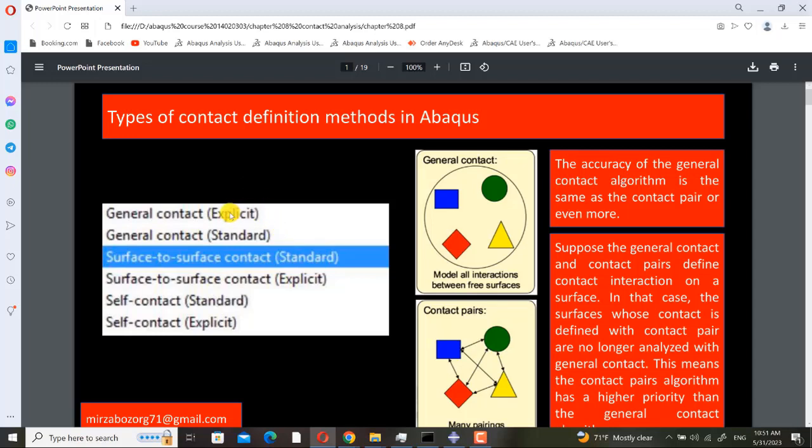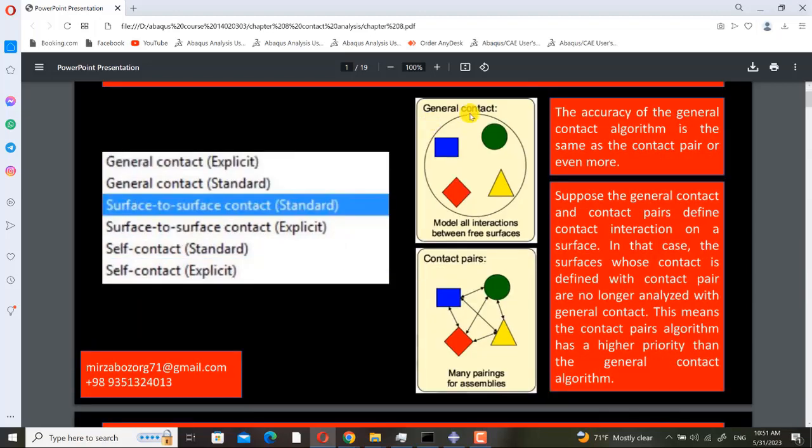And here we have all of the contact definition methods: general contact explicit, general contact standard, surface to surface contact standard, surface to surface contact explicit, self contact standard, self contact explicit. Here I want to talk about general contact and surface to surface contact.